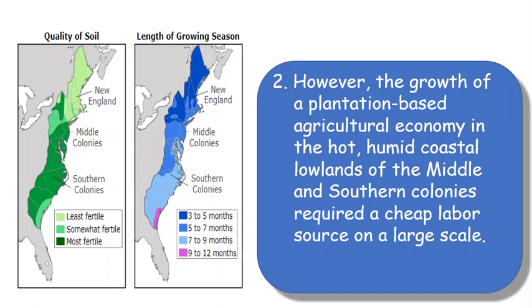There's a big disparity between the northern and southern colonies, more than twice the length of the growing season. A farmer had twice as much time to plant and harvest crops and make a profit in the southern colonies than in the New England colonies, some of which only had a quarter to less than half the year of productive agriculture.